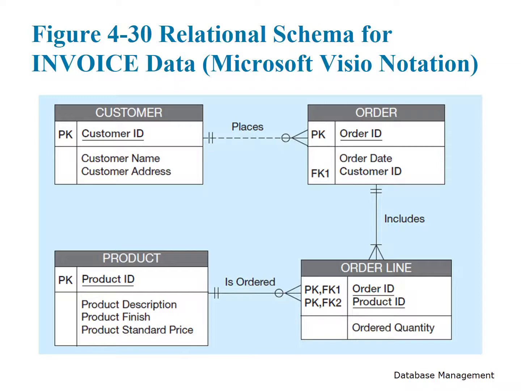Also note that minimum cardinality is shown on the relationship even though the normalized relation provides no evidence of what the minimum cardinality should be. Sample data for the relations might include, for example, a customer with no order, thus providing evidence of the optional cardinality for the relationship places.